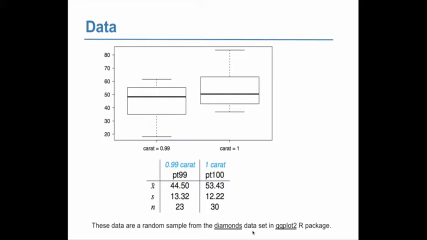So this is a data set from an R package. It is a random sample of the diamonds in the data set.